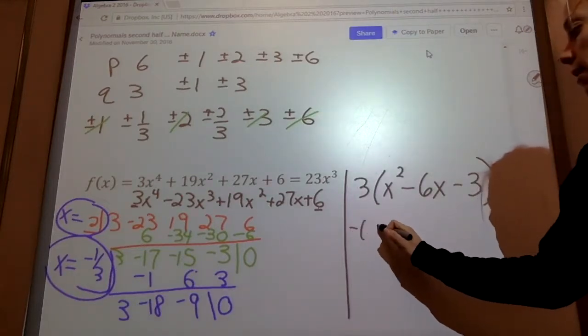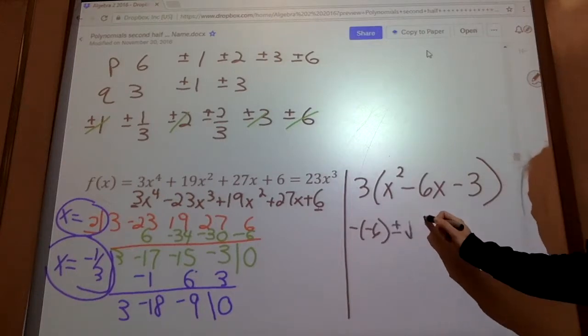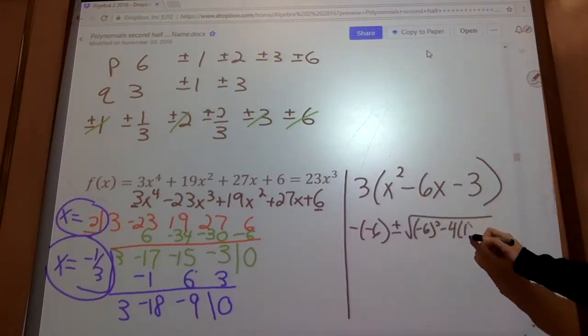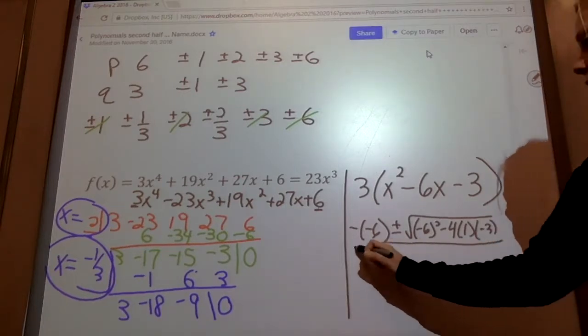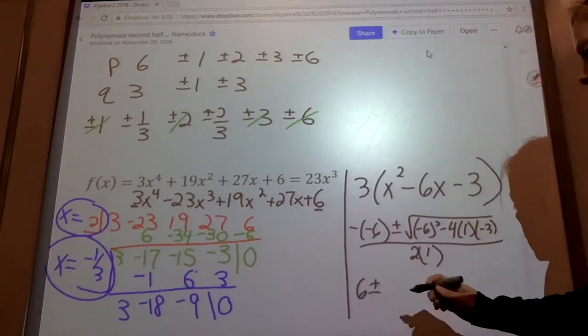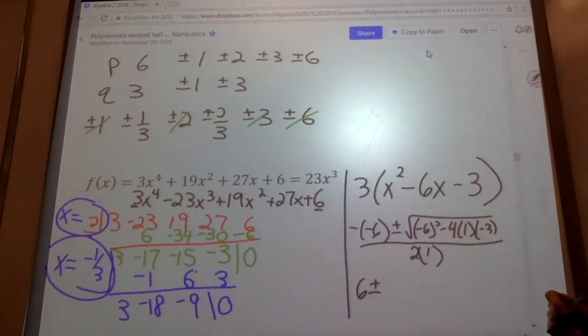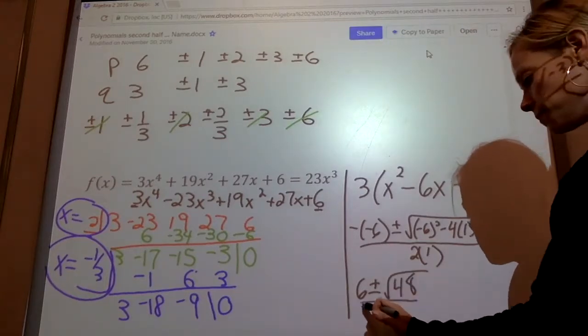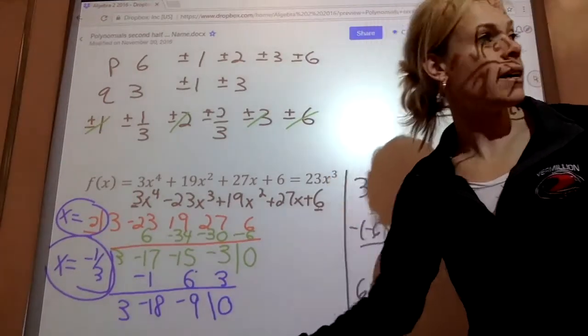So -b plus or minus square root b squared minus 4 times a times c all over 2 times a. 6 plus or minus, what's 36 plus 12? 48. Okay. But I'm not done.